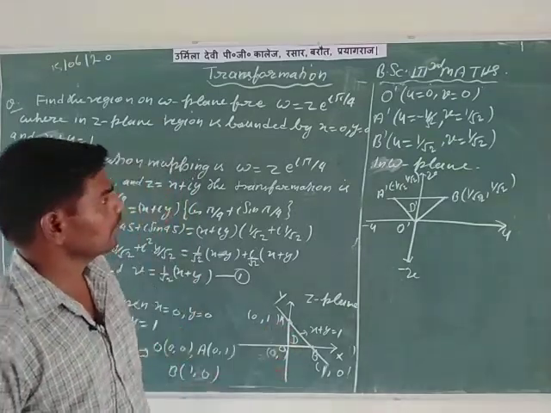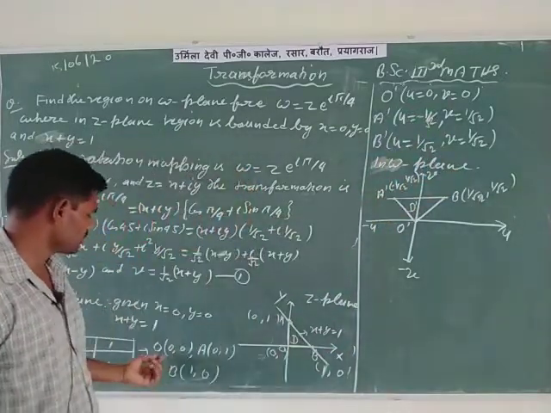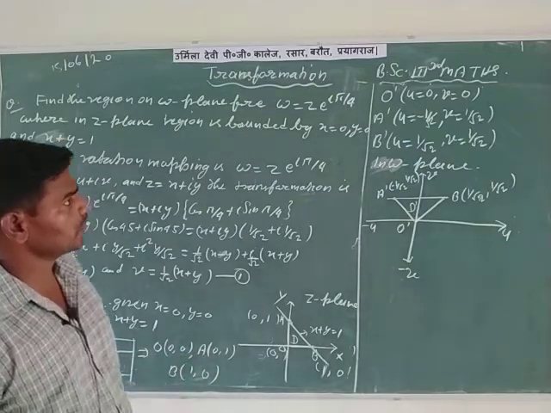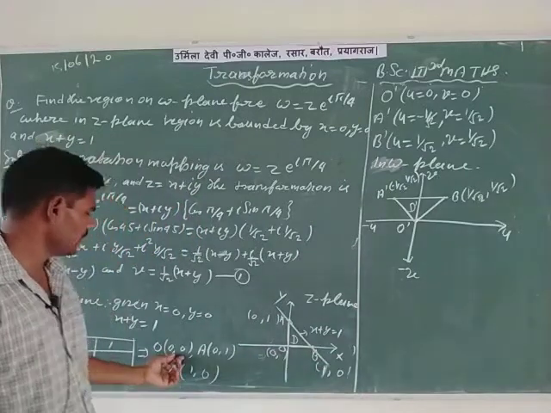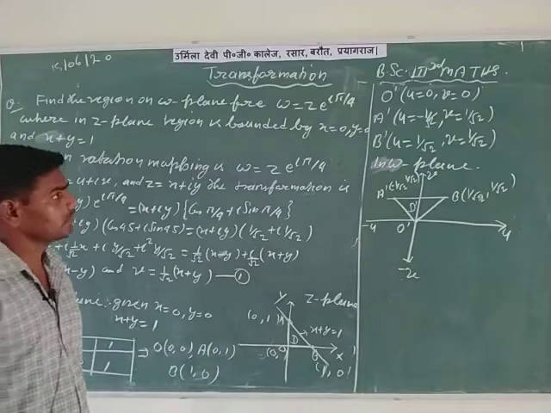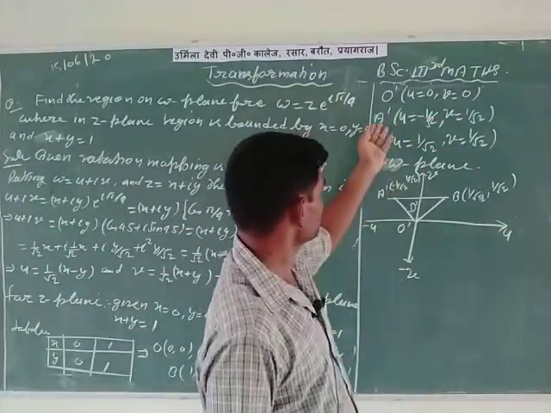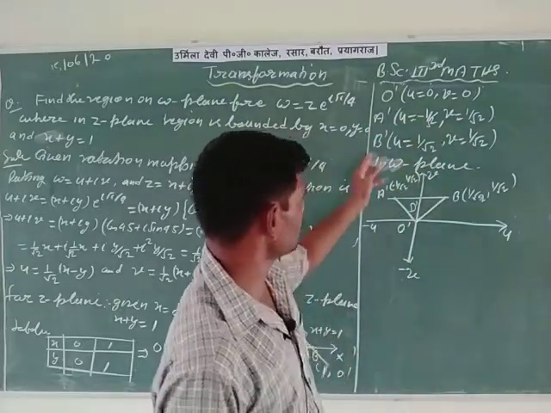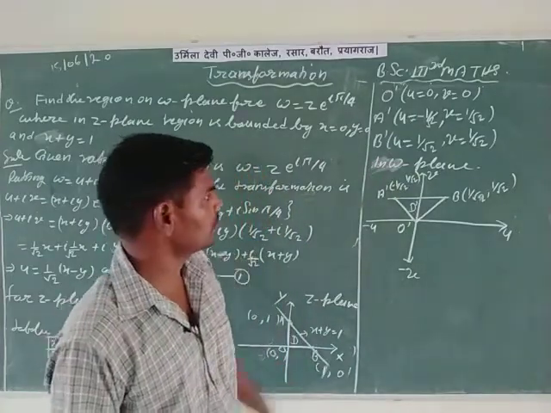After this, in the W plane, find the corresponding points for O, A and B, which are O dash, A dash, B dash. After putting the values of x and y in the first equation, O dash coordinates are 0, 0, A dash coordinates are minus 1 by under root 2, 1 by under root 2, and B dash coordinates are 1 by under root 2 and 1 by under root 2.